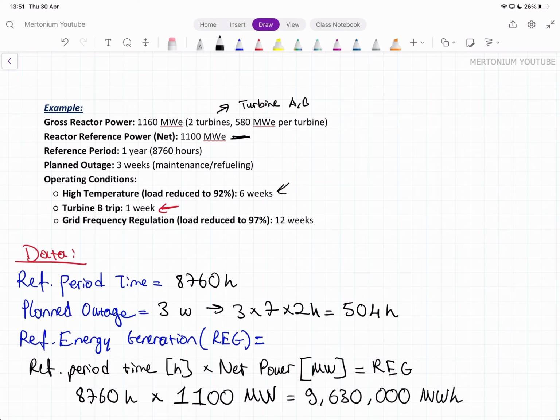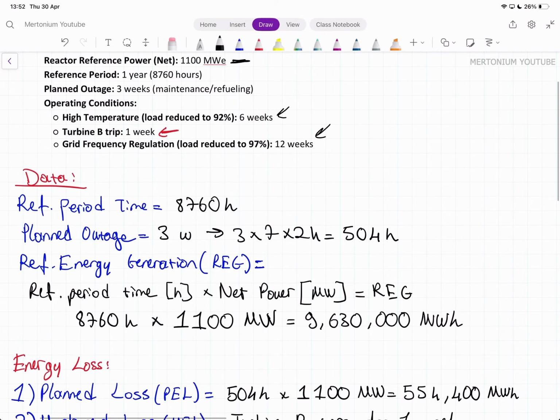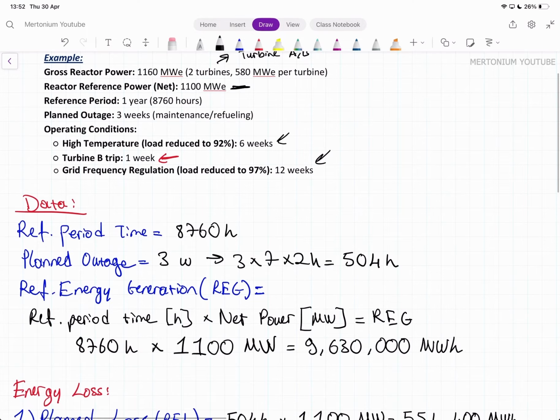This is an external factor to the nuclear power plant. And also the demand was reduced. And these two impacted our power plant load. So let's calculate it. We know the high temperature happened for 6 weeks and the load was reduced to 92%. And the grid frequency caused the load to reduce to 97% for 12 weeks.